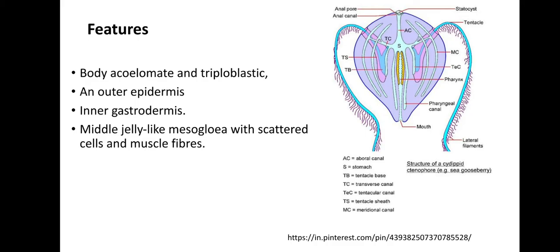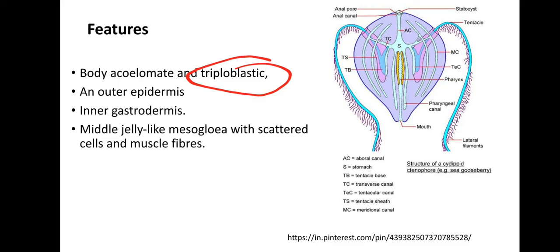Now, in addition to that, we can also say that they are acoelomates because they don't have a body cavity, and very interestingly, these are triploblastic individuals. In the previous section we have seen that the cnidarians are diploblastic with only two layers of body wall, the gastrodermis and the ectodermis, isn't it? Okay, but here the condition is different.